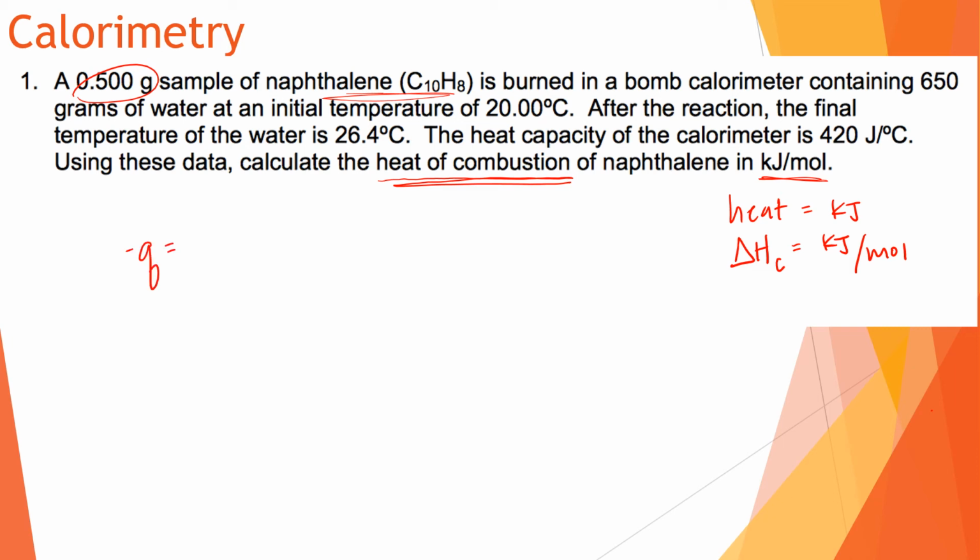So heat lost is equal to the heat gained by the water plus the heat gained by the calorimeter. So I have 650 grams of water times 4.18 times the temperature change, which is 6.4.